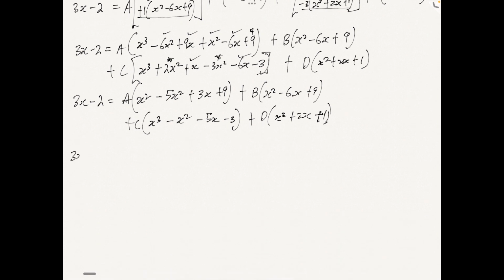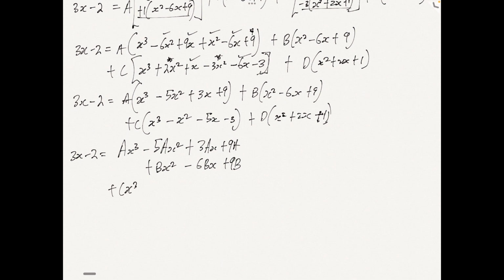So 3x minus 2 is equal to a x raised to power 3, minus 5a x squared plus 3ax plus 9a, plus, now we can just arrange them in order, plus bx squared minus 6bx plus 9b, and plus cx raised to power 3 minus cx squared. Okay, we are here now. Minus 5cx and minus 3c.